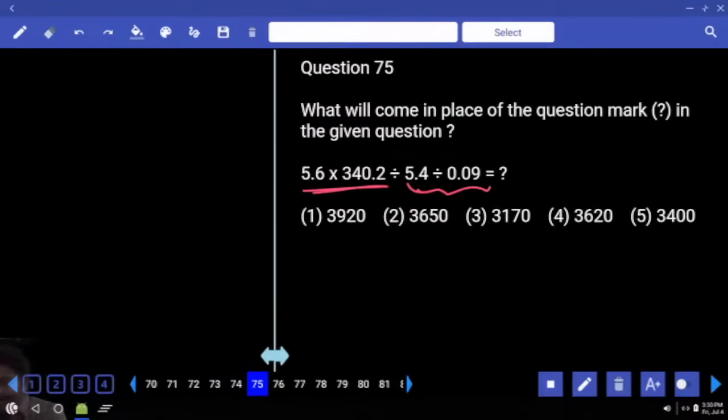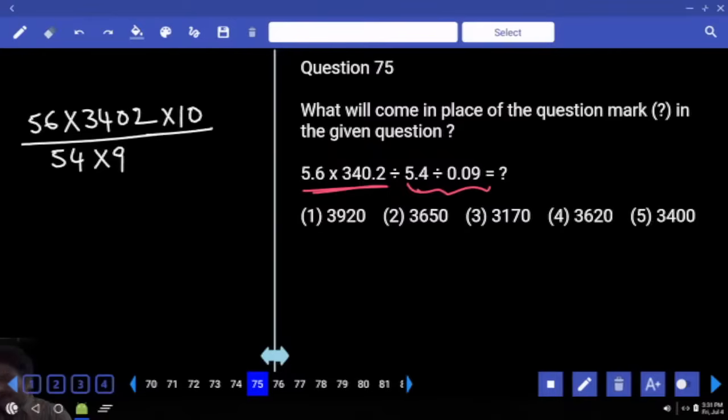Okay, let me write it as 56, 3402 divided by 54 into 9. One extra 0 will come in numerator. Cancellation with 9, 3 times 27. 70, 7 times, and then 8 times.